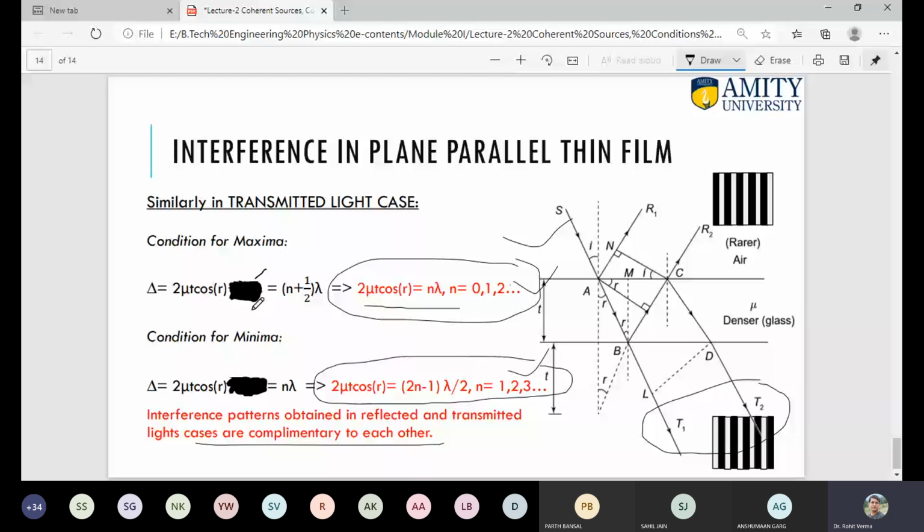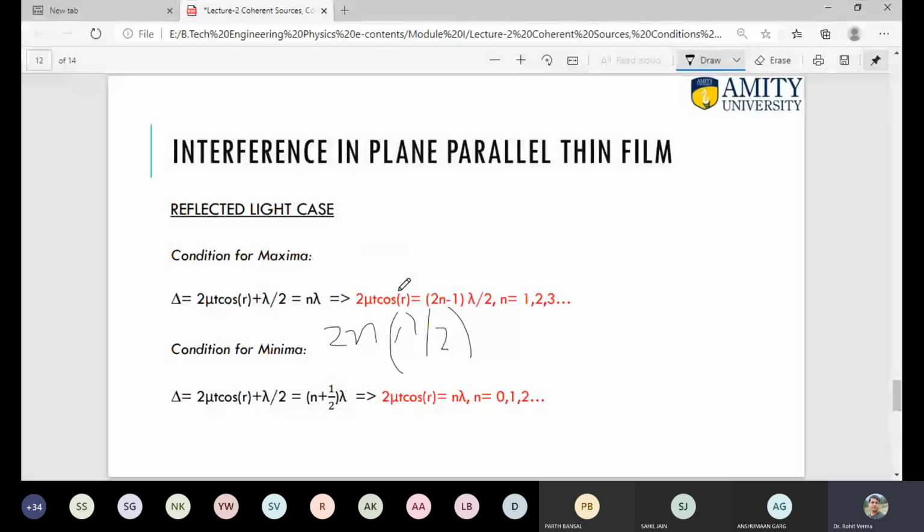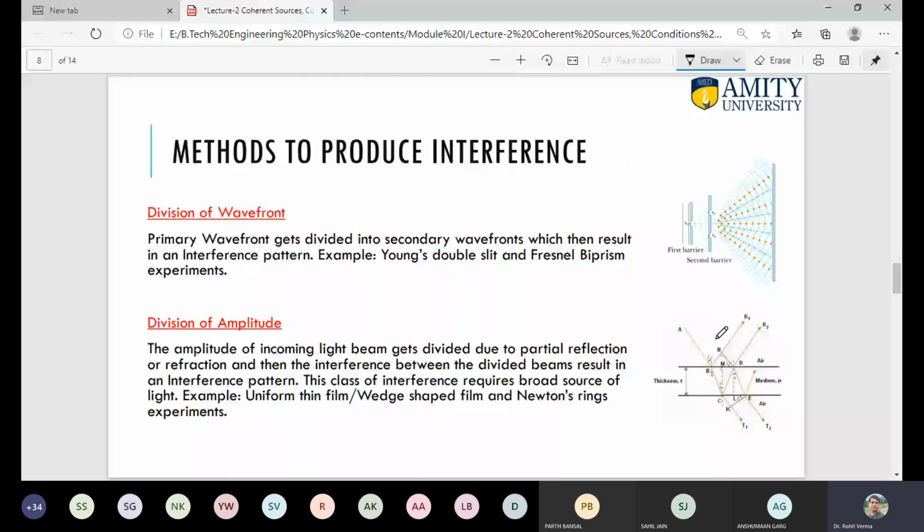Now, some student had asked a question, and I suggested that I will discuss it at the end of the class. What have you asked? Sir, antinodal and nodal part. Okay, let me go to that slide and then explain. For example, if this is a wave, you know that these points are known as what?